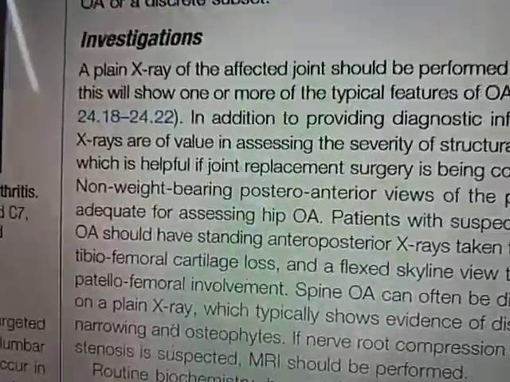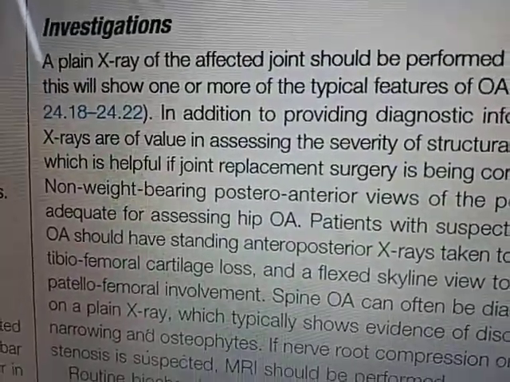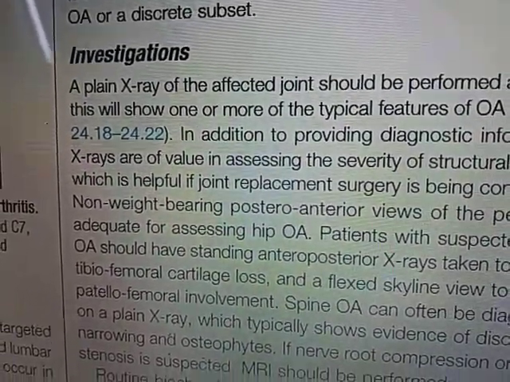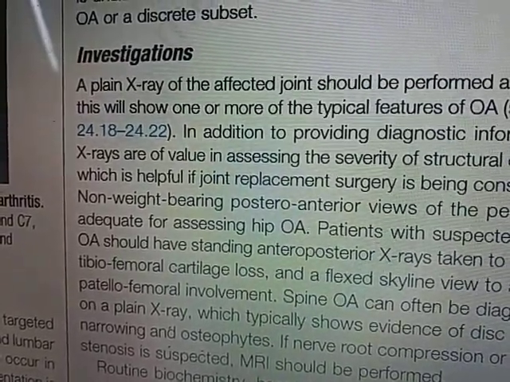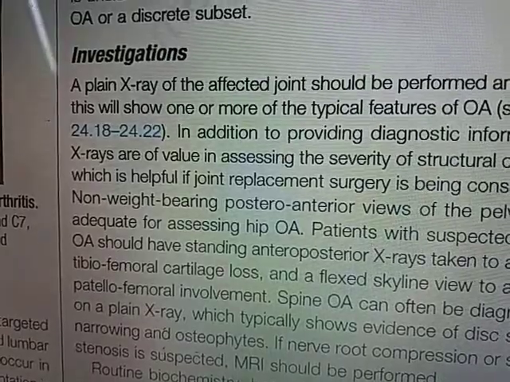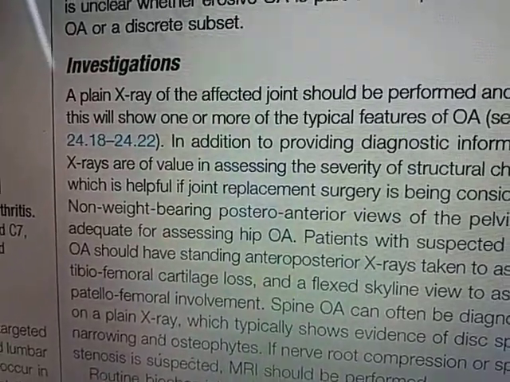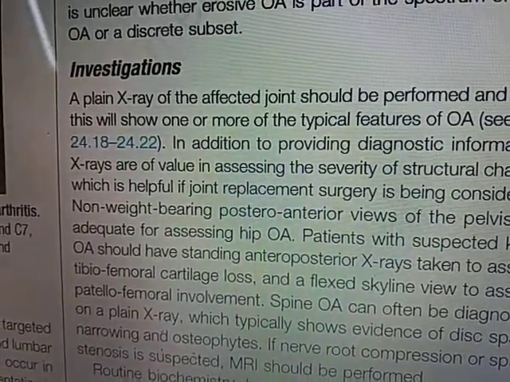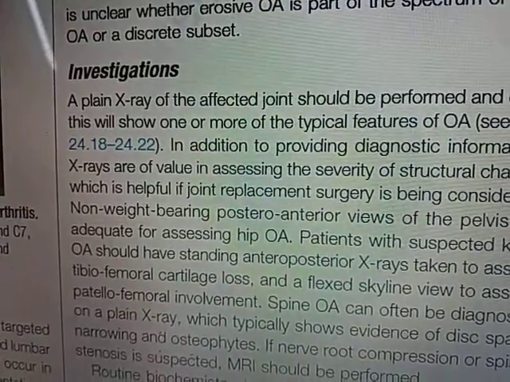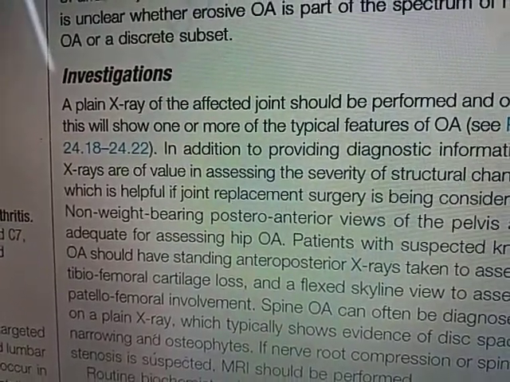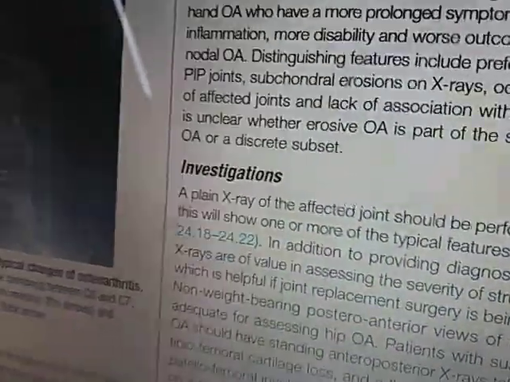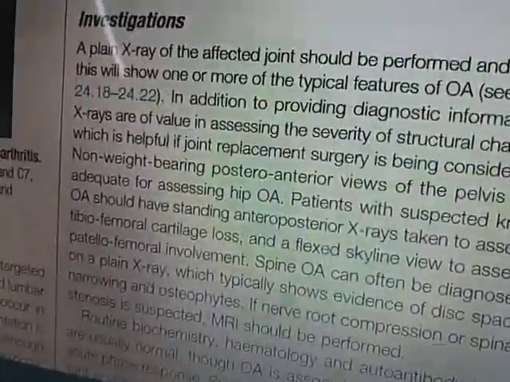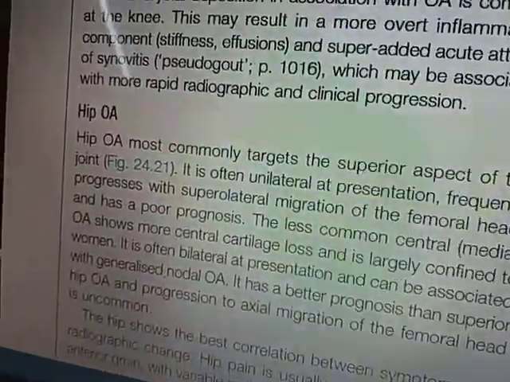Marginal osteophyte, which is a horizontal bony projection. And we have subchondral sclerosis. And we have a subchondral cyst.